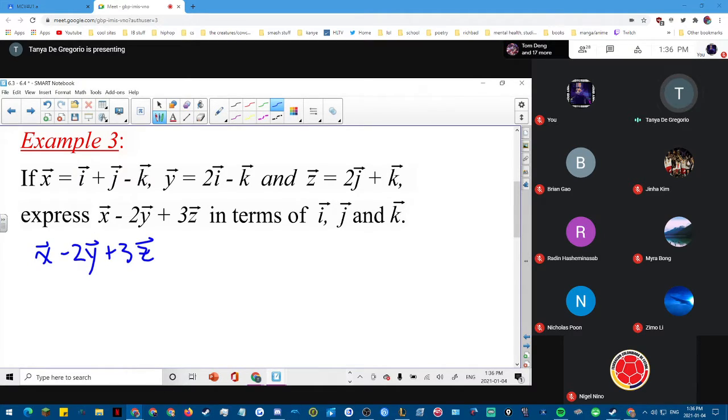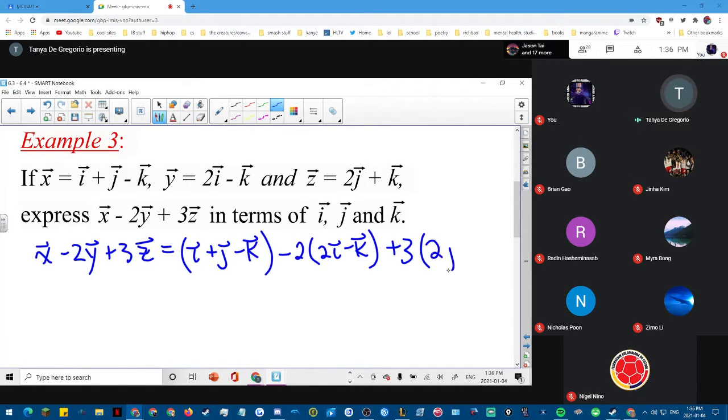So I have this. Don't forget your arrows. And I know that vector x is this. And I know now that vector y is this. And z gets multiplied by the scalar multiple 3, no big deal, and it's 2j plus k.